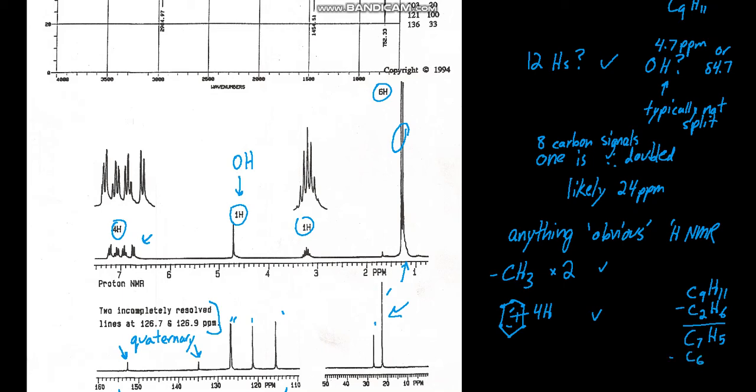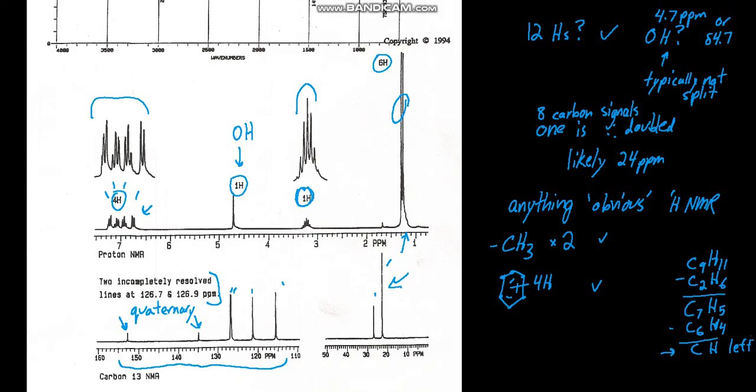Look at that, there's only CH left. So we've got our 4 aromatic hydrogens expanded up here. There's the OH, there's the methyls. Here's the only signal unexplained. It's highly split, and we know it integrates for 1 hydrogen, so there's our CH, our remaining CH.